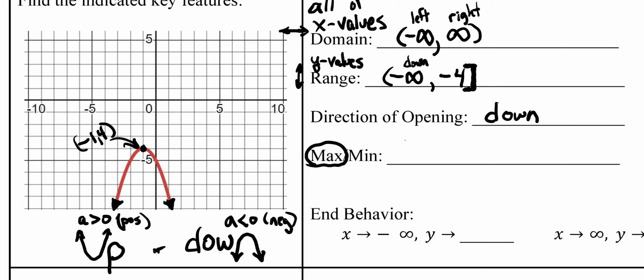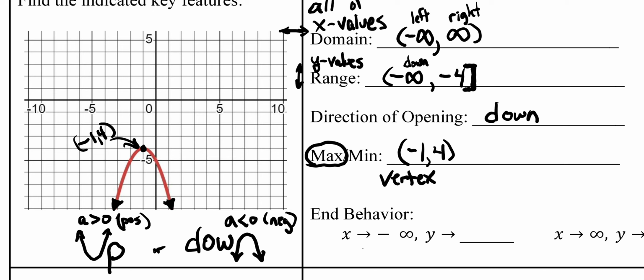So the maximum point occurs at that vertex, which is (-1, -4). It's also called the vertex, which is either going to be the maximum point or the minimum point of a parabola.